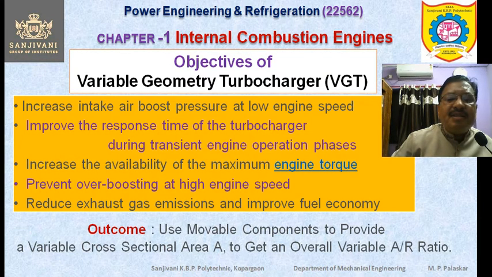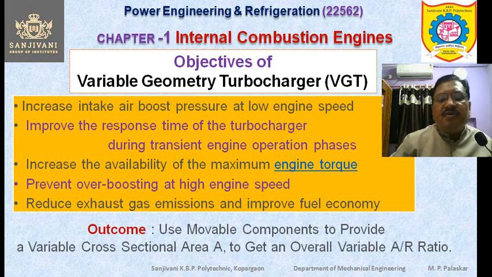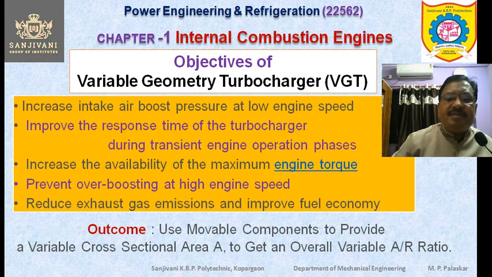That means we have to use a turbocharger whose cross sectional area of entry of the exhaust gases in the turbine is variable. We should be able to change the cross sectional area of the entry of the exhaust gases to the turbine of the turbocharger, and thus obtain a variable AR ratio.